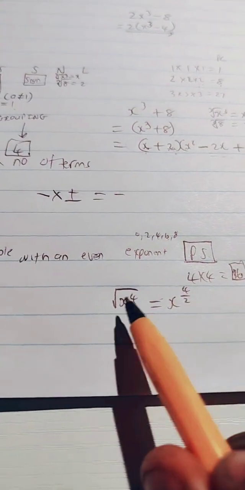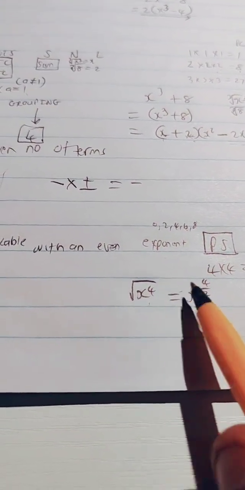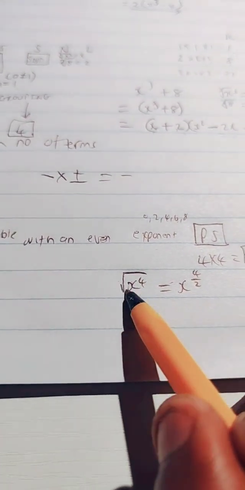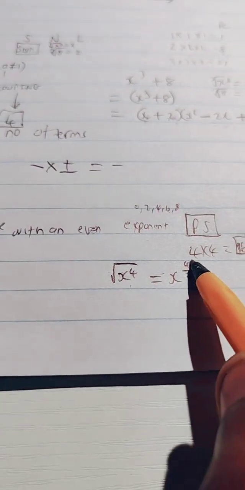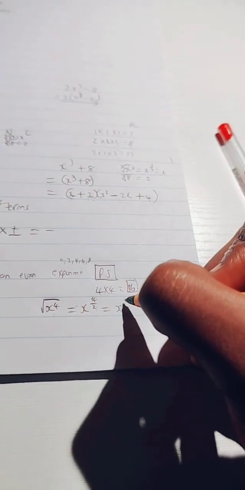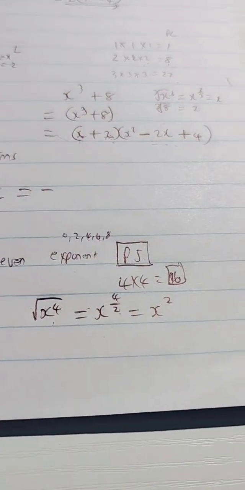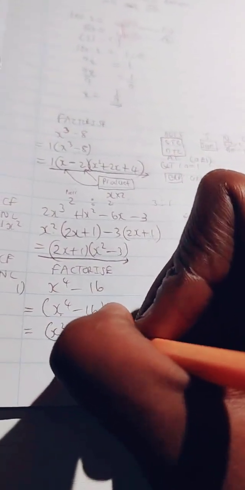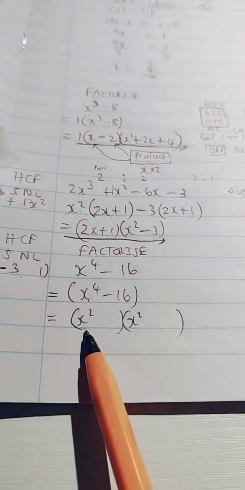When we remove a square root, we put 2 as the denominator, because square root means division of the given exponent by 2. So what does 4 divided by 2 give us? It gives us 2. So therefore x squared is going to be featuring as the first term in each bracket.